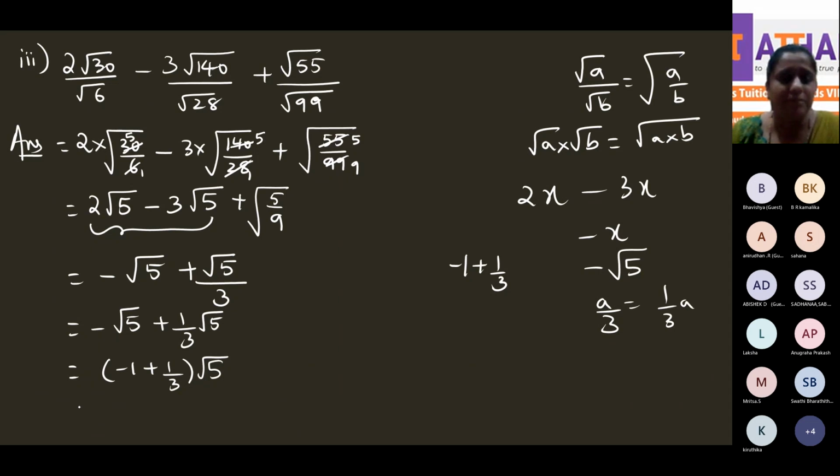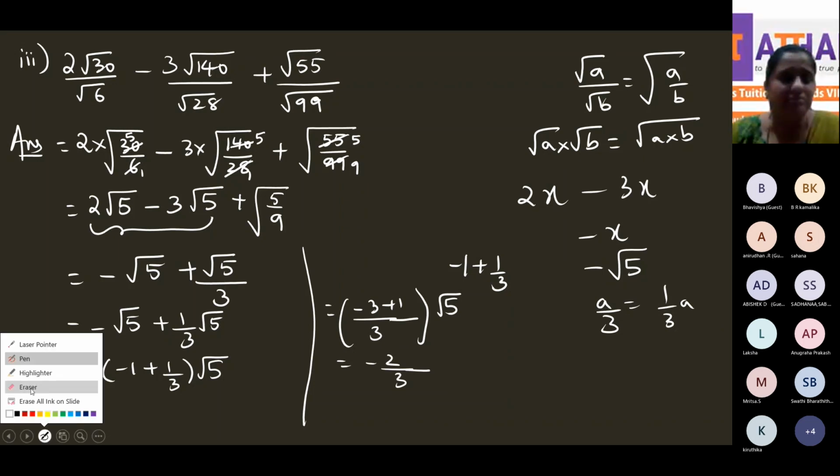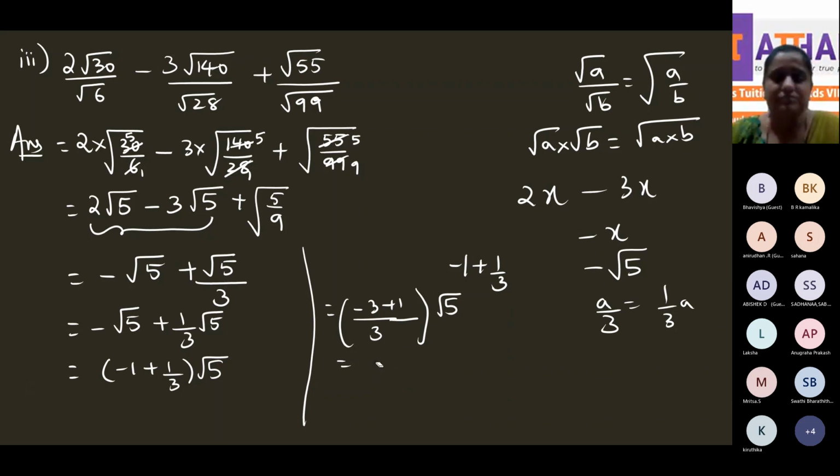Okay, now LCM. Now I'll just continue here. So now LCM. What is LCM? 3 is LCM. So it will be minus 3 plus 1, LCM, children, root 5. So that is minus 2 by 3 root 5, or you can write it as minus 2 root 5 by 3.